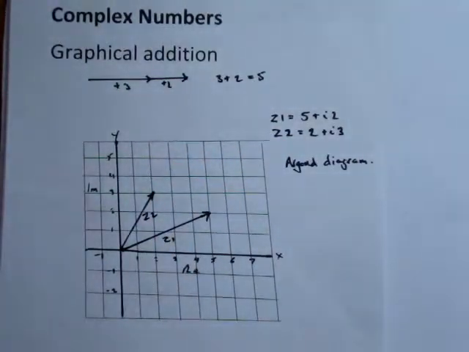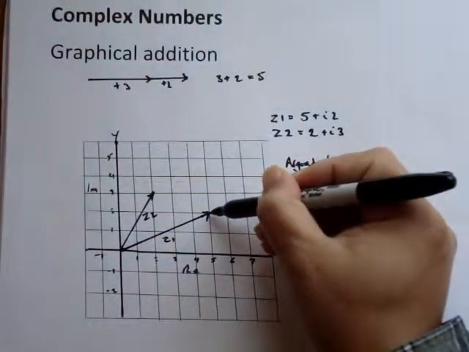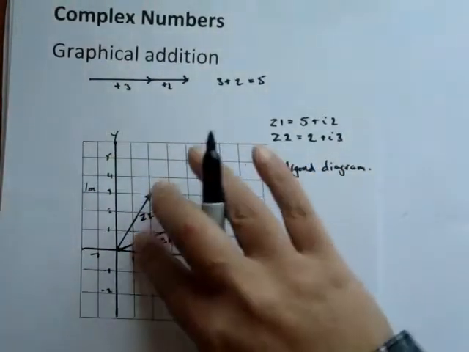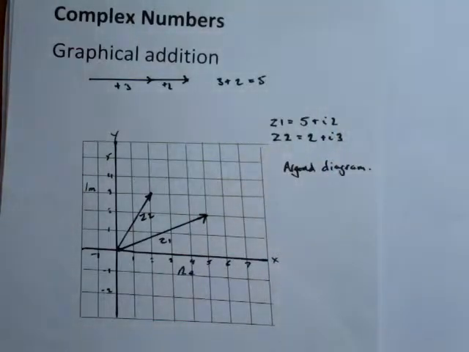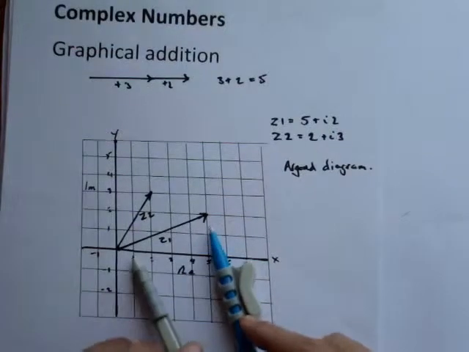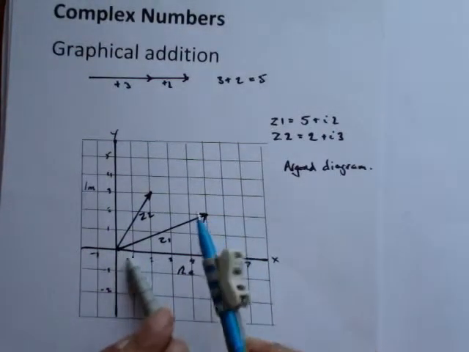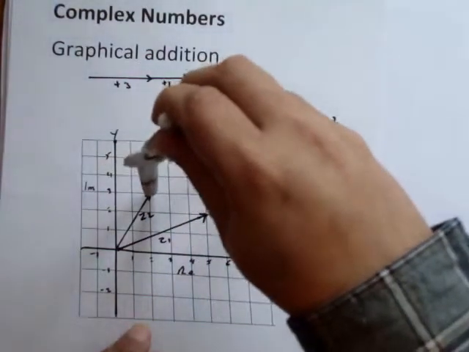Now what we need to do is move the z2 to line up with the z1. So this vector has to be moved across over here. We can do this in two ways. One way is to use a compass. So we measure this vector, the magnitude, and we draw a semicircle here.